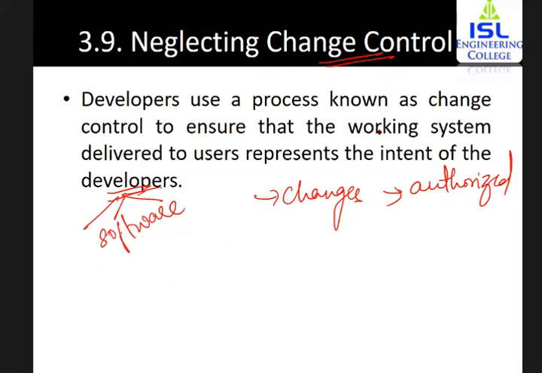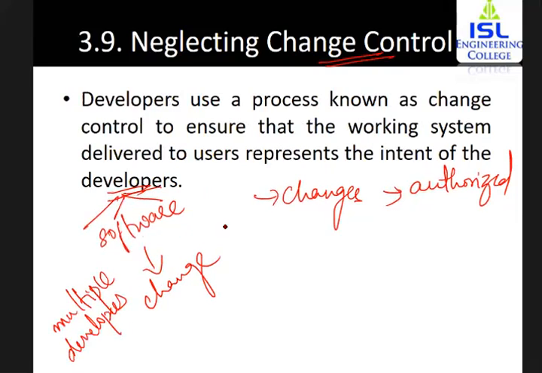This change control is given so that multiple developers at a time do not make changes within the software. Multiple developers should not change the code. That is why you're adding this change control mechanism.